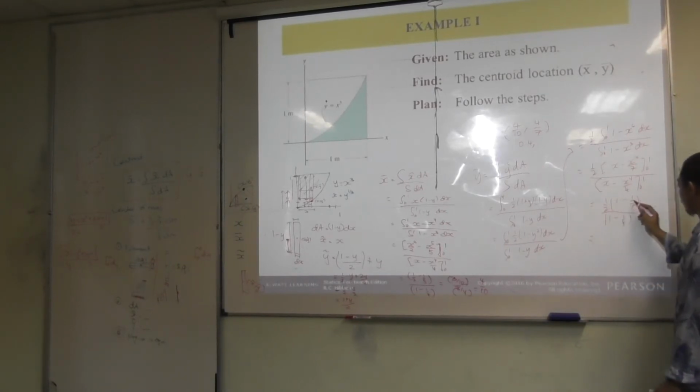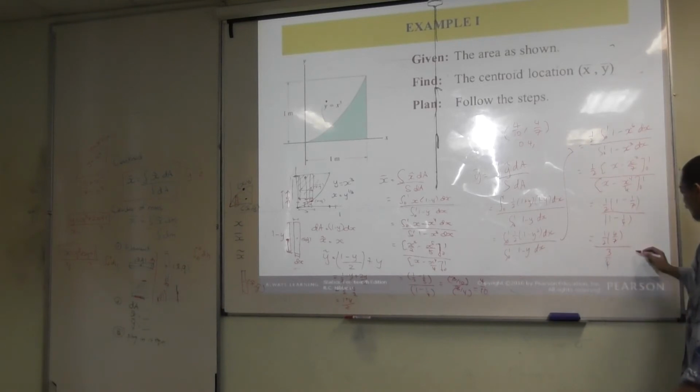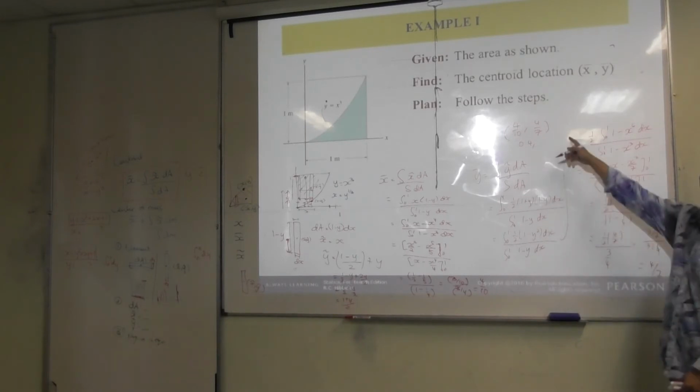Okay, so this one becomes what? 6 over 7, 1 over 2, 6 over 7 over 3 over 4. This will be what? 3 over 7 over 3 over 4. This is 4 over 7, will be the same.